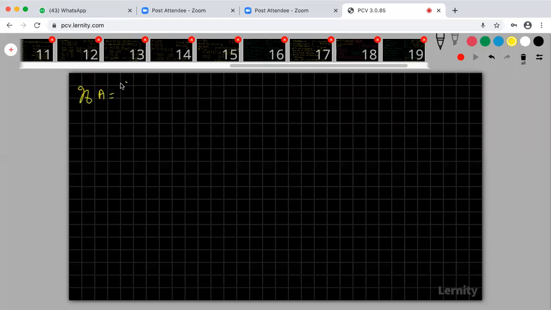If A is equal to 1, 1, 1, 1, 2, minus 3, 2, minus 1, 3, show that A cube minus 6A square plus 5A plus 11I equal to 0. Hence find A inverse.